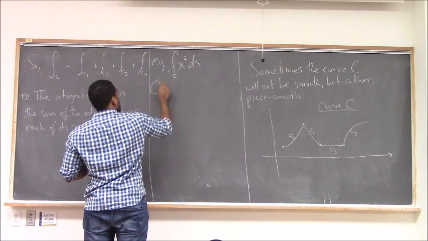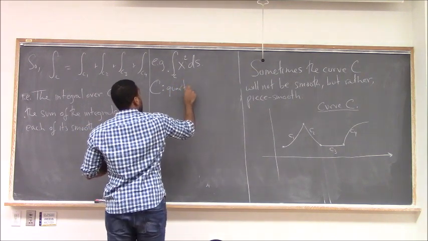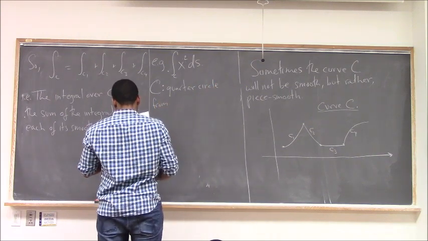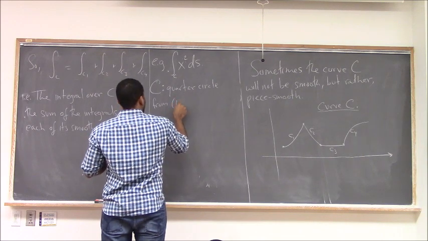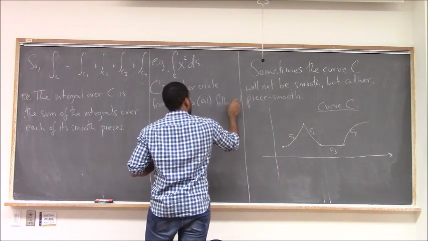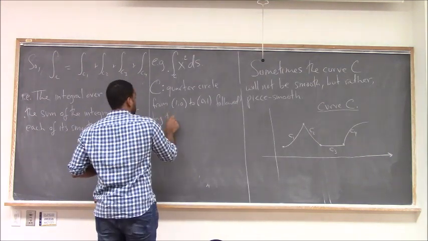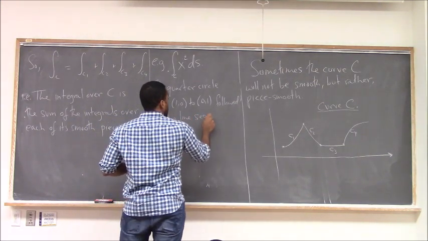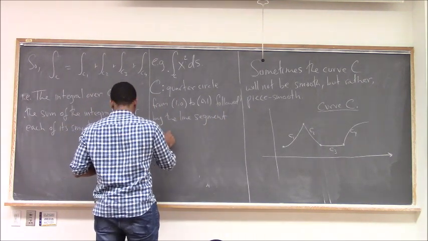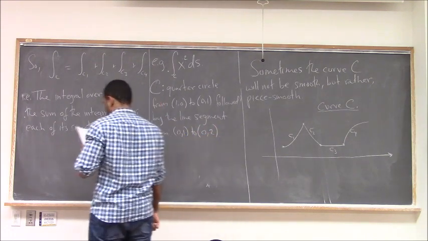And here's my C. It's the quarter circle from (1, 0) to (0, 1), followed by the line segment from (0, 1) to (0, 2).